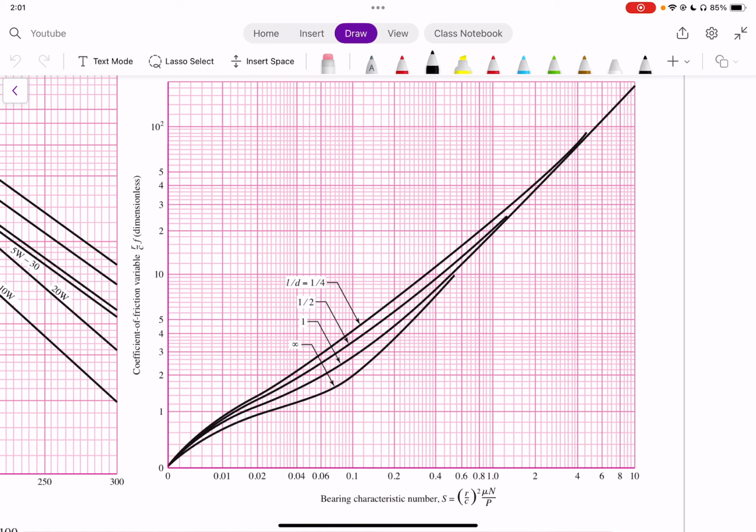We can relate that to a coefficient of friction variable, which is also dimensionless. So we have a dimensionless term compared to another dimensionless term, and we have a graph that is basically applicable to any journal bearing. Based on the S value, we can find very quickly what our coefficient of friction would be.